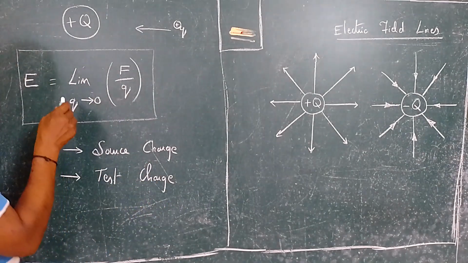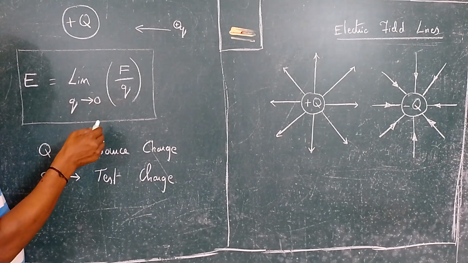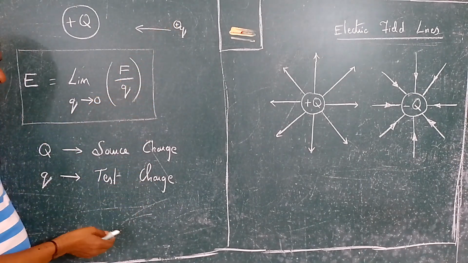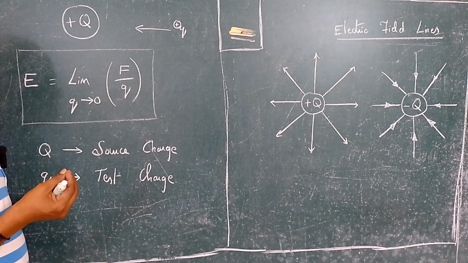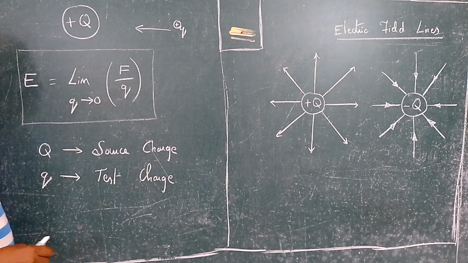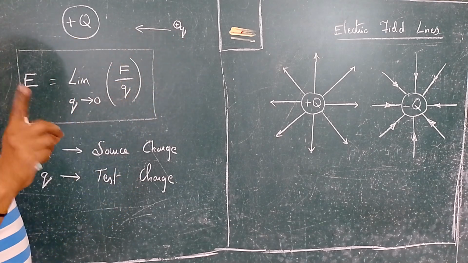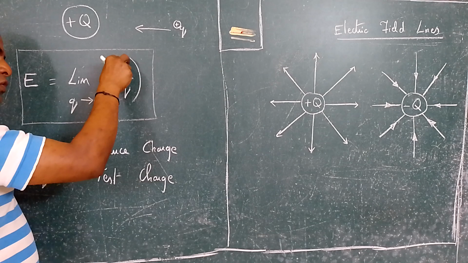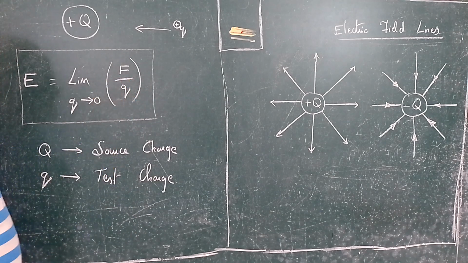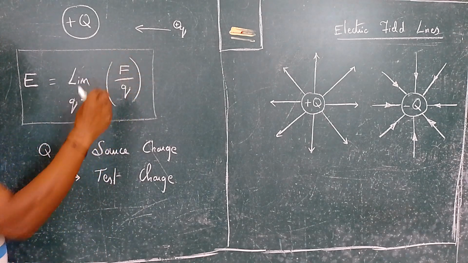That's why we put limit Q tends to 0. Q tends to 0 means what? The test charge assumes a negligible value. But because of two charges, there is a force, so the force by this test charge will definitely have some value.